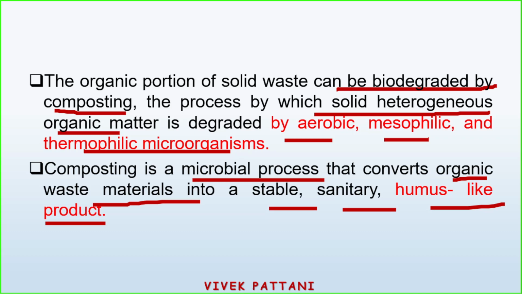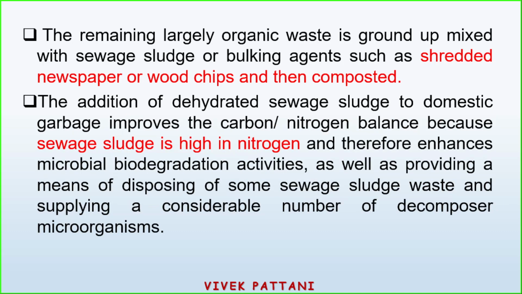Composting, like incineration, requires sorting of solid waste into organic and inorganic components, and this can be accomplished at the source by separate collection of garbage and trash, or at a receiving facility using magnetic separators to remove ferrous metals and mechanical separators to remove glass, aluminum or plastic materials.